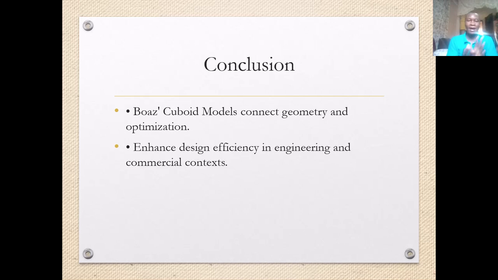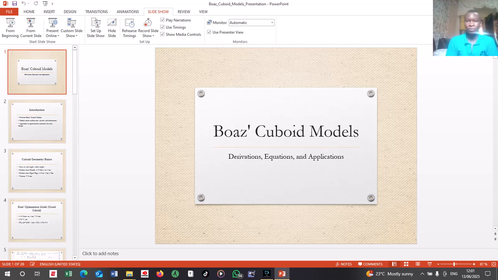It also enhances design efficiency in engineering and commercial contexts. So that is the conclusion, and that's how this Boas model of a cuboid works. And that is that about the Boas cuboid models. We have done the derivation, we have seen the equations, which are the models, and we have seen the application.